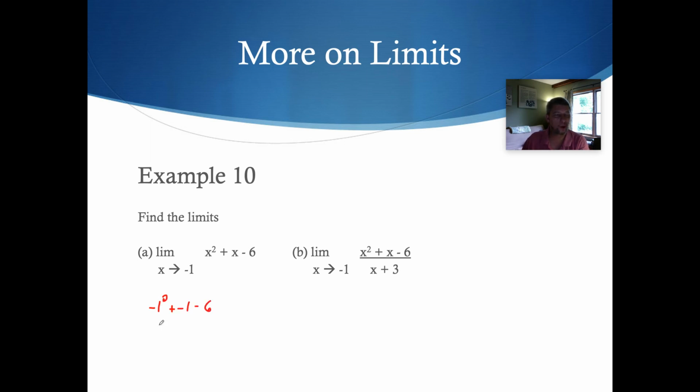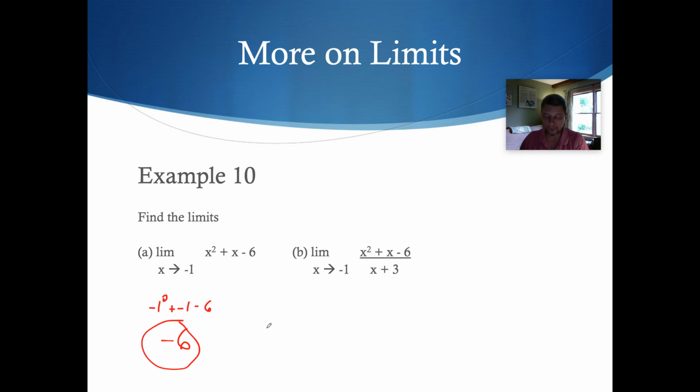Well, negative 1 squared is 1. Minus 1 is 0. Minus 6 is negative 6. And so there is the answer for the first one. Easy peasy, right? You're just essentially substituting and then plugging and chugging. So the limit as x approaches negative 1 of x squared plus x minus 6 is simply negative 6.